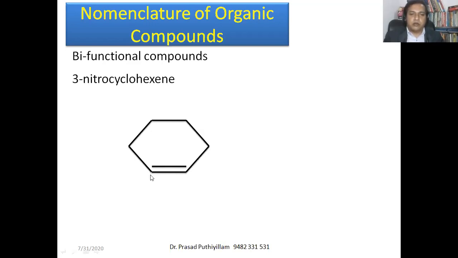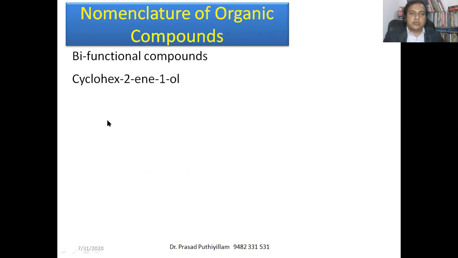So we count as 1, 2, and this is the third carbon atom. In this example, I'll count this as carbon atom 1, this as carbon atom 2, and this as carbon atom 3. In the third position, we have the nitro group, the NO2 group. This is the structure of 3-nitrocyclohexene. Now another example: cyclohex-2-en-1-ol.